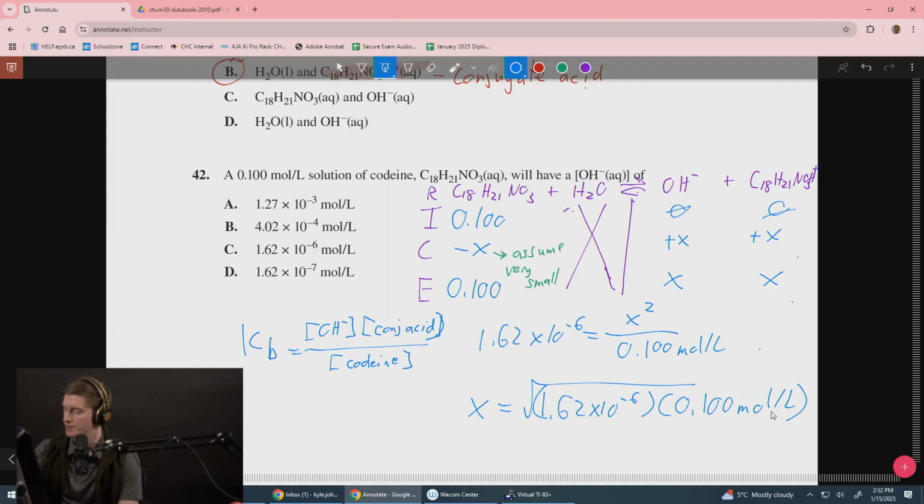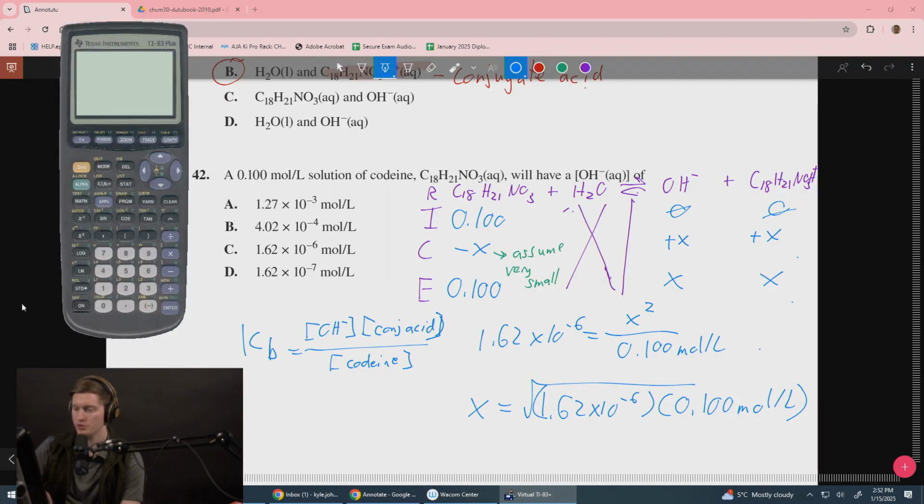If you're tracking the units, really you'd get moles, square root of moles, square root of liters, but we'll treat it as the Kb. If you calculated the units as well, the units would cancel. You get moles per liter.